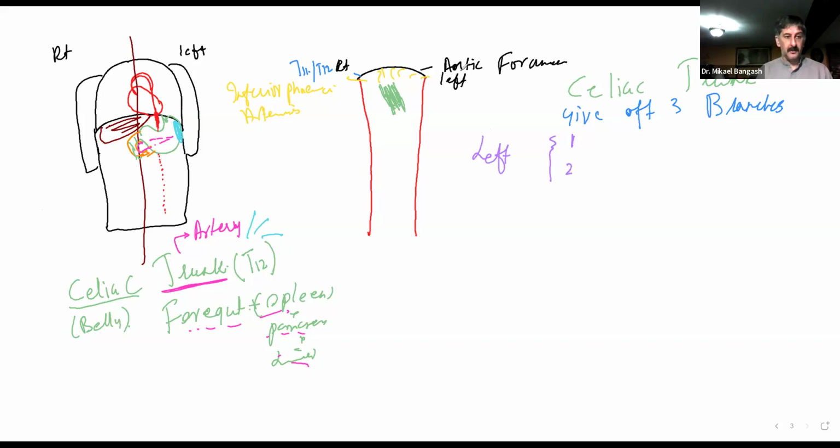So 2 branches that the celiac trunk is going to give off are going to be left branches, which mainly means that they go towards the left side. One and 2, I'm just putting 1 and 2 because we're going to give the names here.